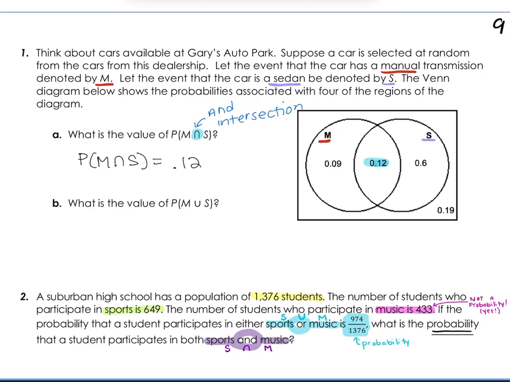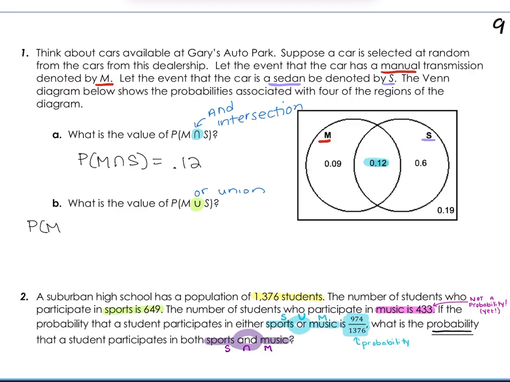But in part B, now we're being asked for the union, which is the "or." So we're looking for the whole thing. And this is where that addition rule comes into play, because we can't just simply add all of the numbers in the Venn diagram.